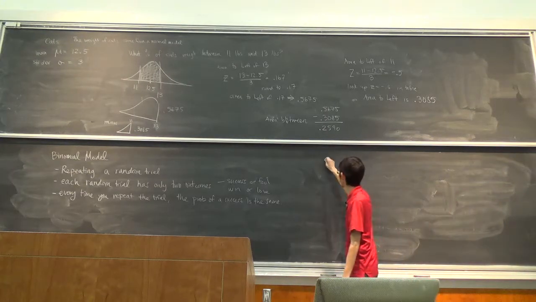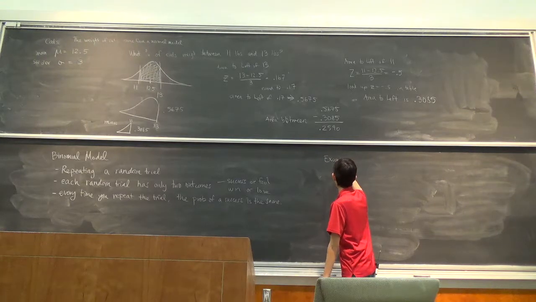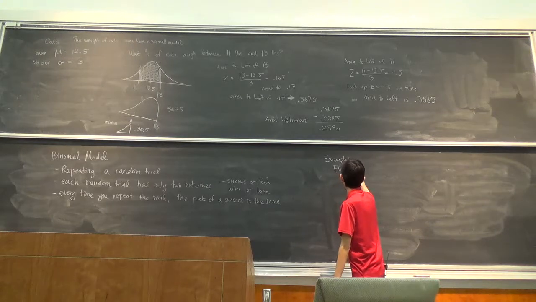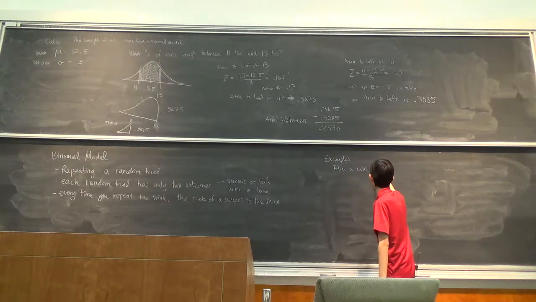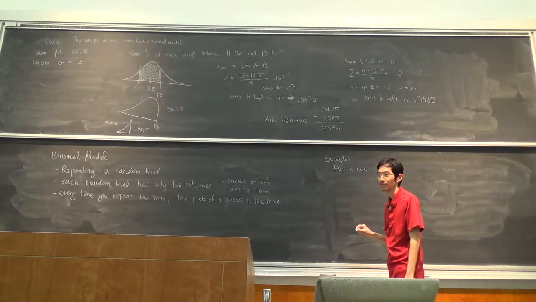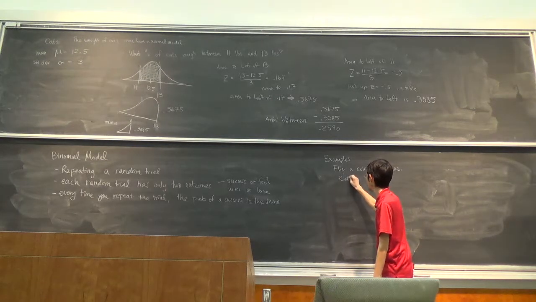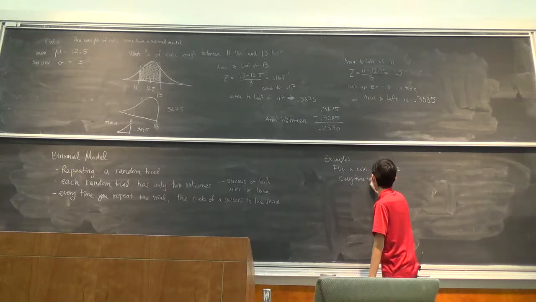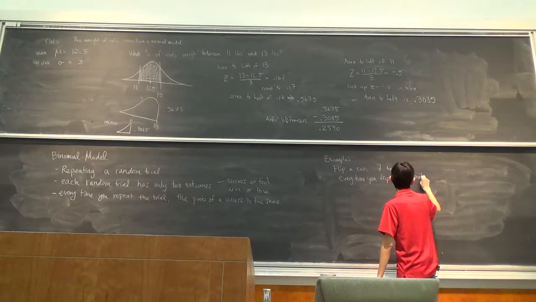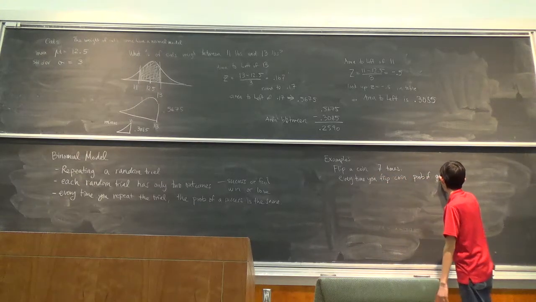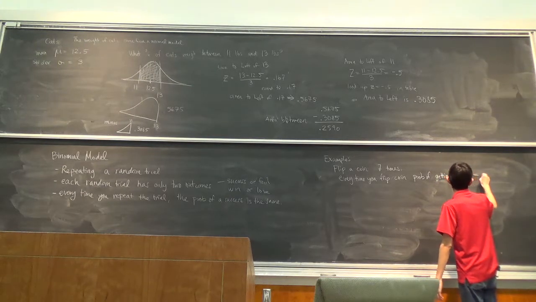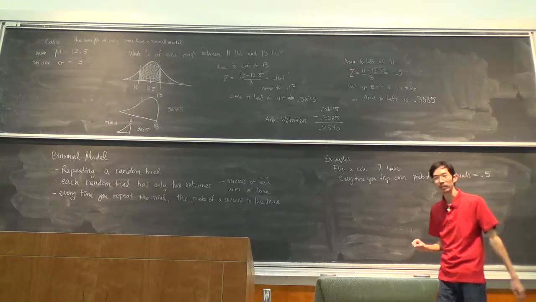So examples. You will flip a coin 7 times. And every time you flip the coin, the probability of getting heads is equal to 0.5.